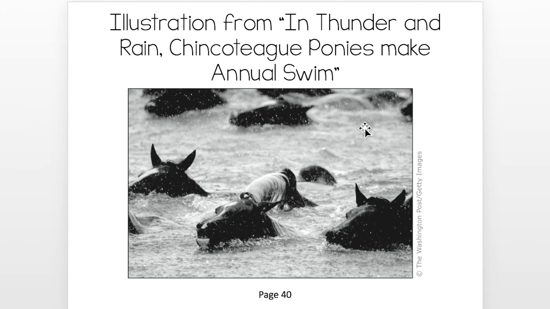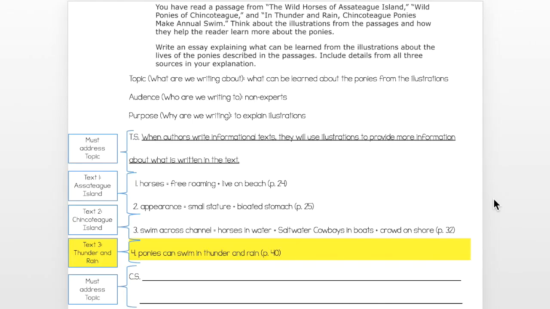We can see the rain pounding against the water as these ponies continue to make their swim. So this is really the significance of this image, and it was something that was highlighted in the text as well. So our fourth and final detail is that the ponies can swim even in extreme weather like thunder and rain. Again, I included my page number, page 40, so I can reference that illustration more specifically in my essay if I choose.